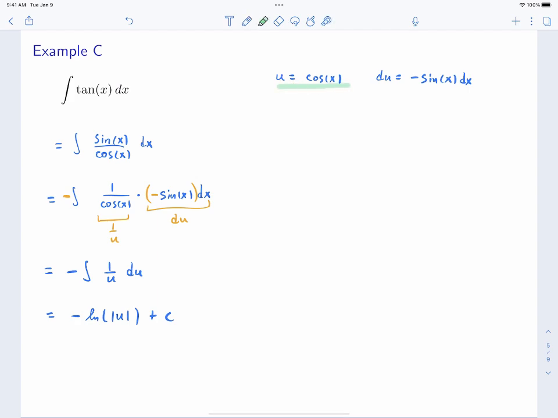So we're just going to write this as the opposite of ln of the absolute value of cosine of x, like so, plus a constant. That's an absolute value sign there. Okay, and this indeed is the antiderivative of tangent of x, or the general antiderivative.